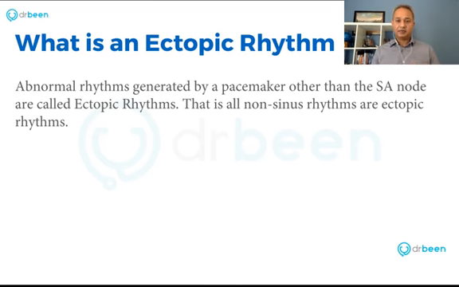If for some reason the SA node is not able to generate the impulses, or some other part of the heart becomes overactive and takes over the SA node, and if the SA node can produce 70 beats per minute, that thing starts producing 100 beats per minute and bulldozes the SA node, then that will be called an ectopic rhythm. Ectopic means somewhere else.